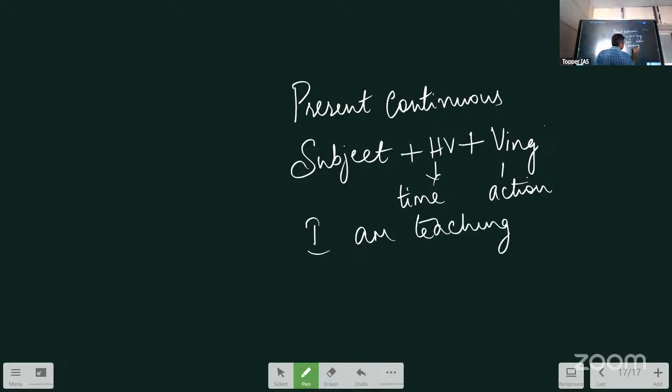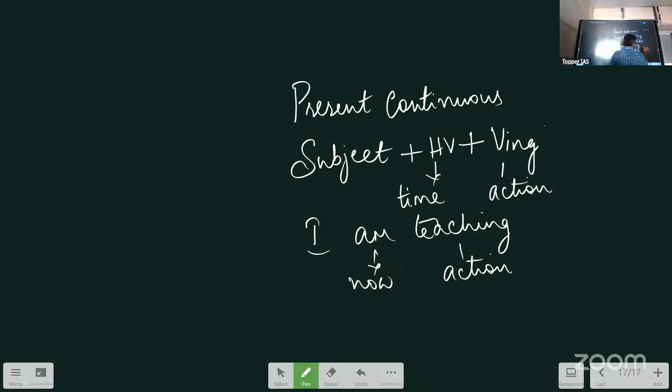So this indicates action. Now I am teaching the lesson. So in present continuous, the structure is subject plus helping verb plus V-ing. How do I know it is present continuous?